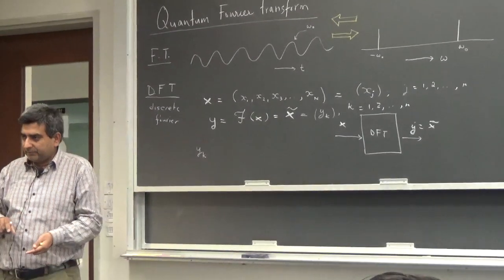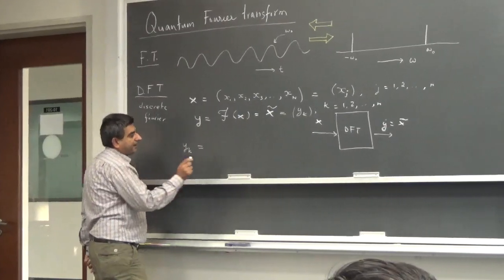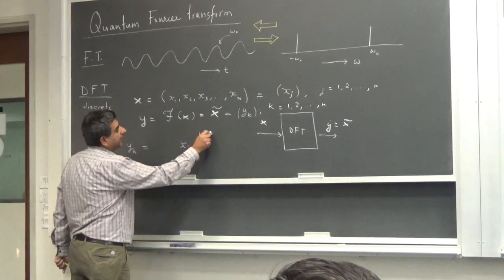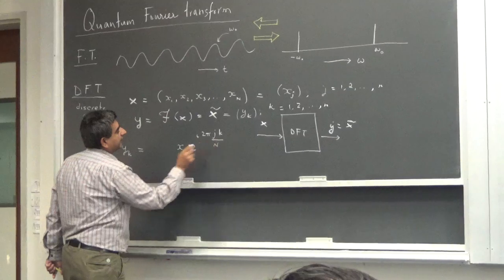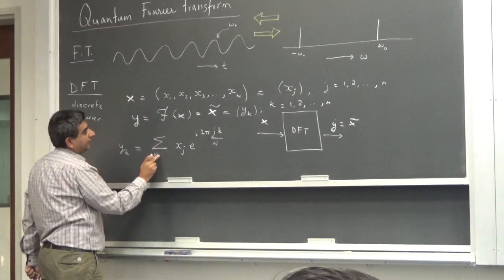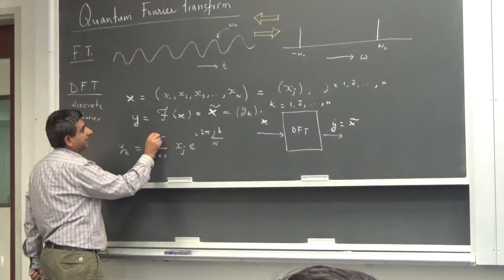the Fourier coefficients. These Fourier coefficients are given by definition x_j e raised to i 2 pi jk over n, where j goes from 0 to n minus 1.